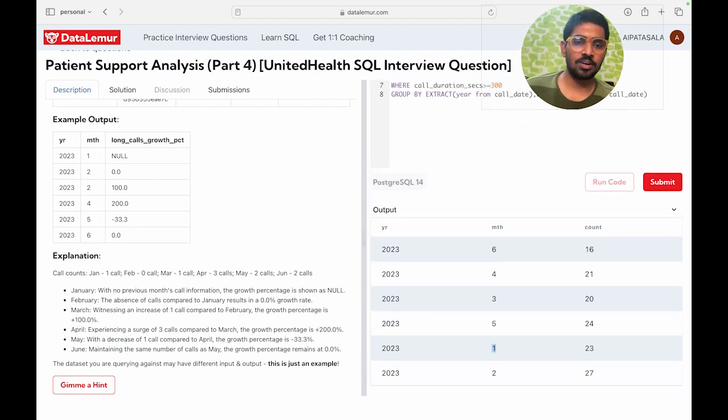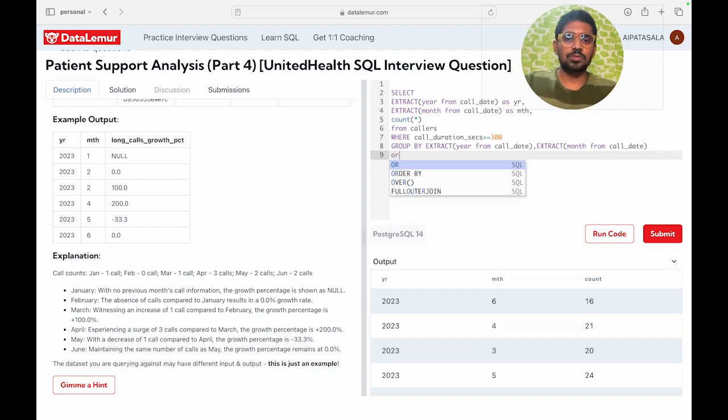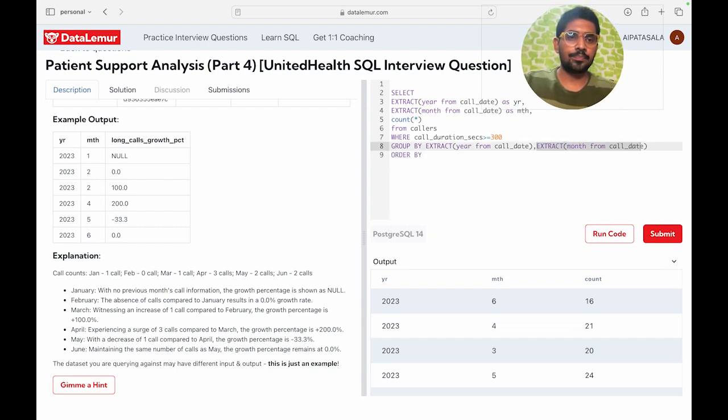So 1 has 23, 2 has 27, 3 has 20, 4 has 21, okay, only 6 months data we have. Order by month. We don't need to order now actually. Okay, we can do that as well.